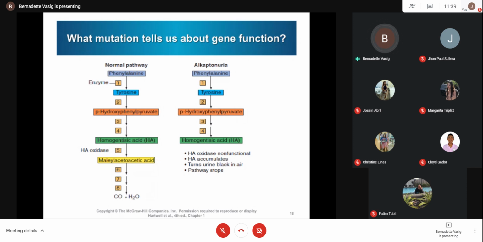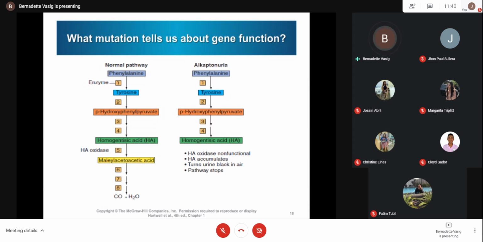What is responsible for the abnormality in alkaptonuria? What enzyme? Based on this diagram. Yes, it's the absence of the enzyme HA oxidase, which in turn accumulates. Okay. So HA oxidase is non-functional.